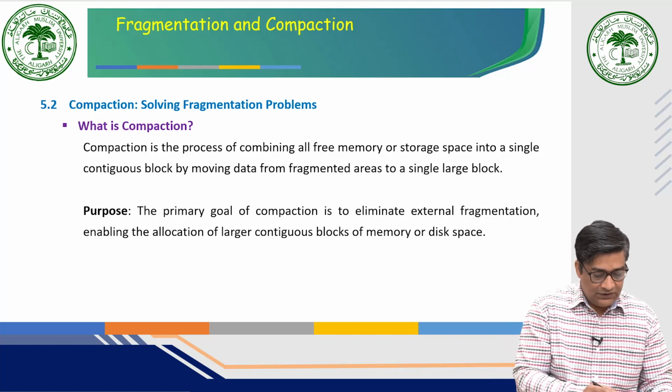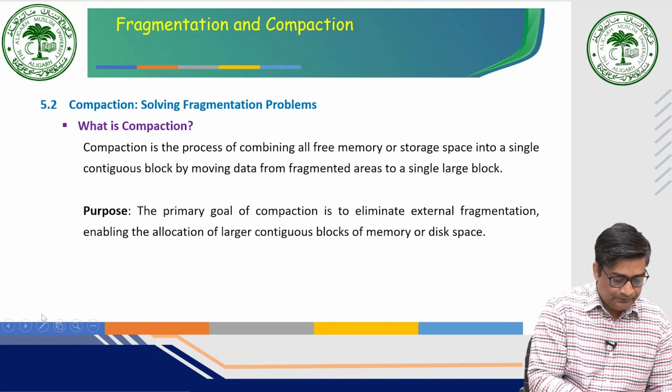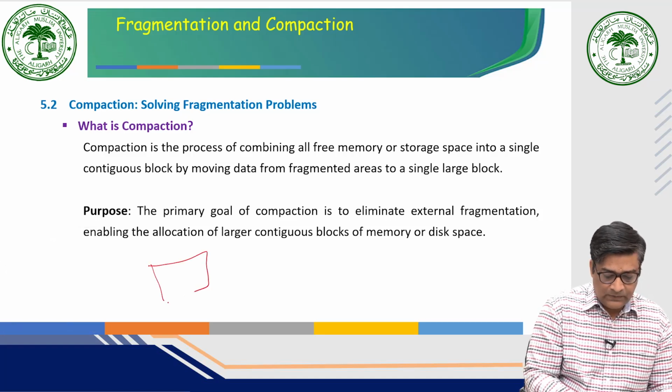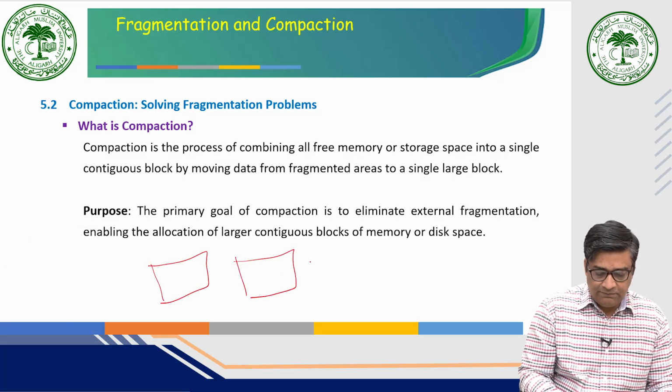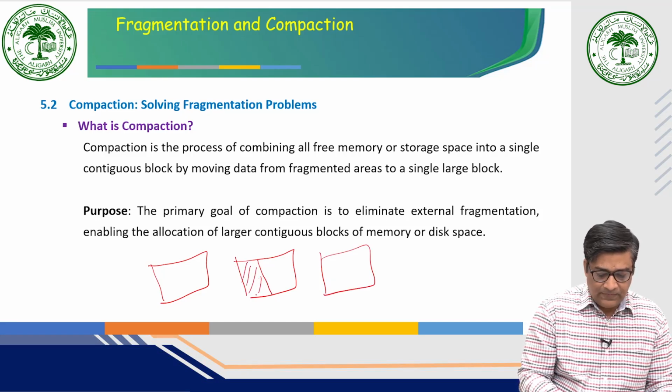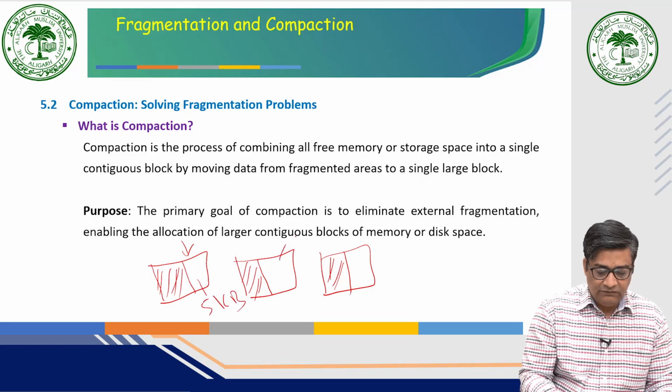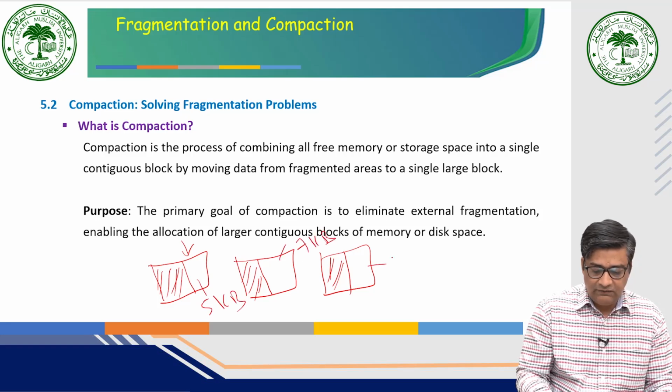As we have seen in the example, if you have certain memory space and these spaces are used in such a way that there are some free spaces available, let's say this is 5 KB free space, here we have 7 KB free space, and here we may have, let's say, 10 KB free space.